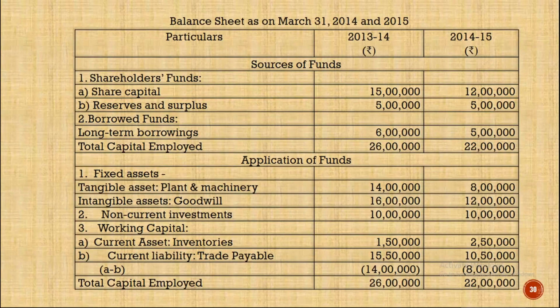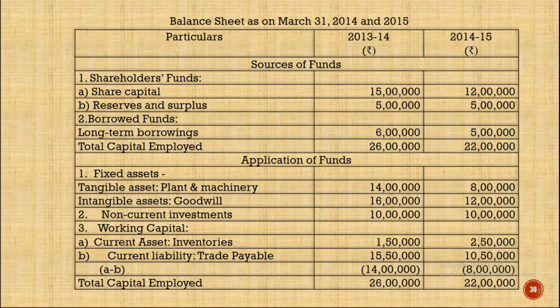Now next, they have also given the balance sheet of the same company. In the sources of fund, shareholder fund comprises two things, share capital and reserve and surplus. Second point is borrowed fund, that is long-term borrowing, and the addition of the two, shareholder fund and borrowed fund, is total capital employed.